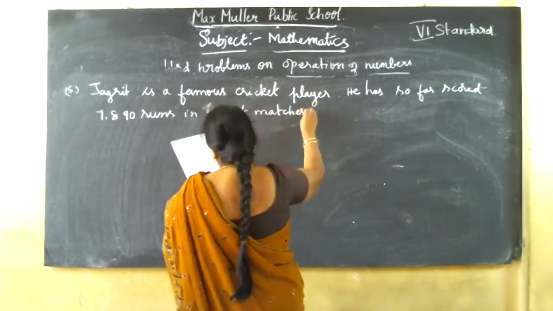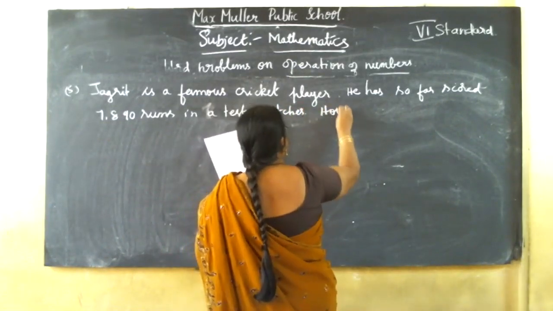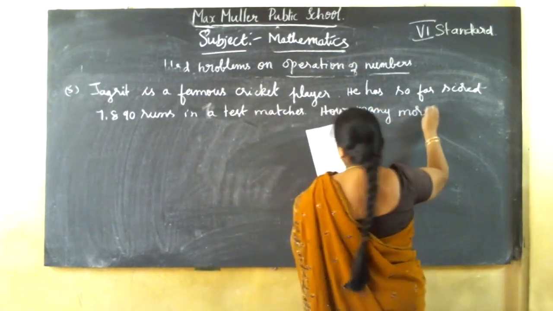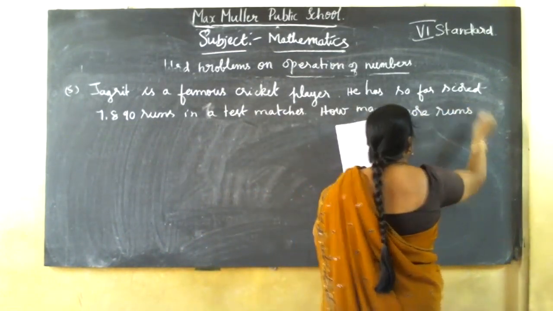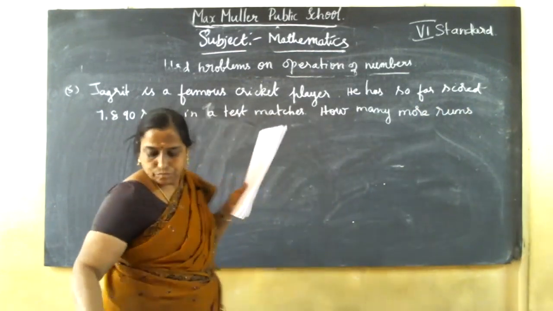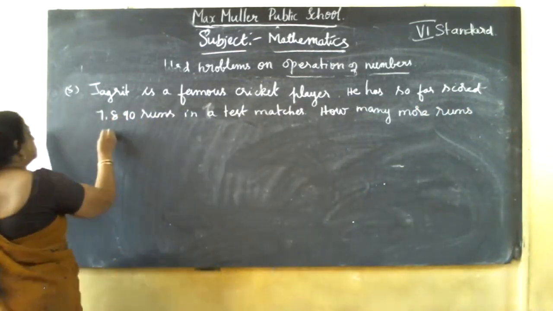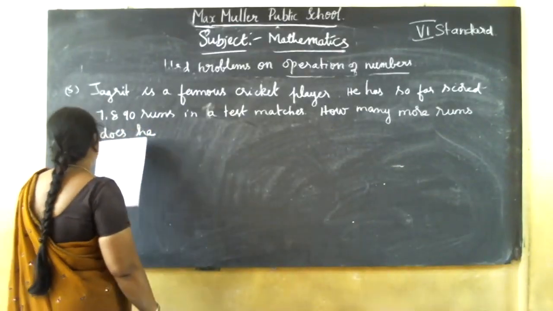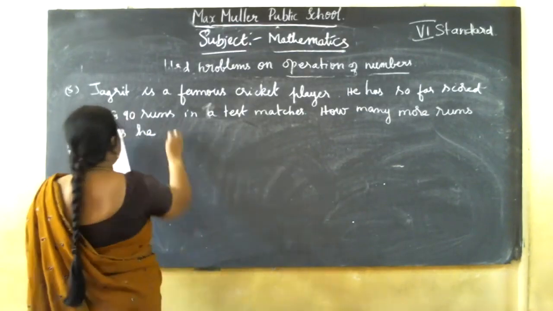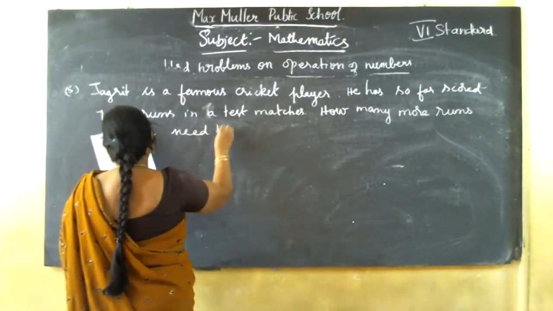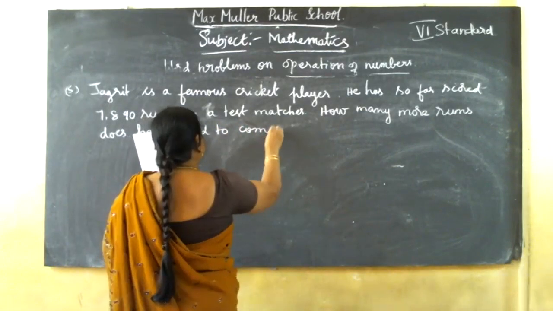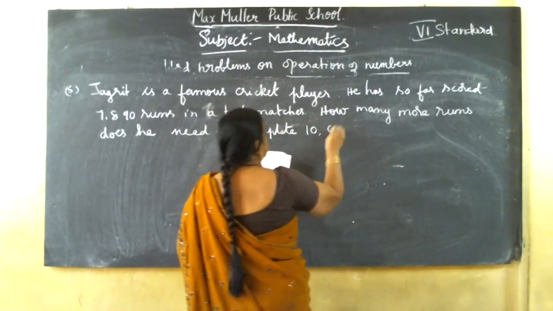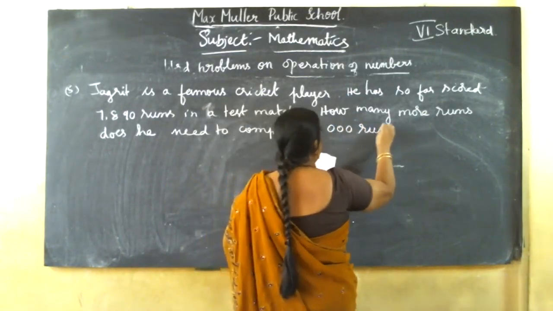What you should find out is how many more runs he needs to complete 10,000 runs. Okay, this is the question.